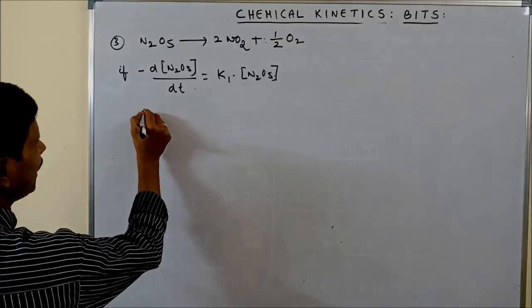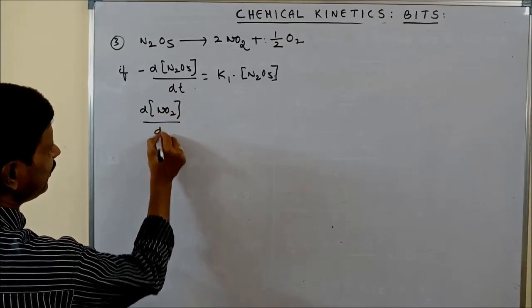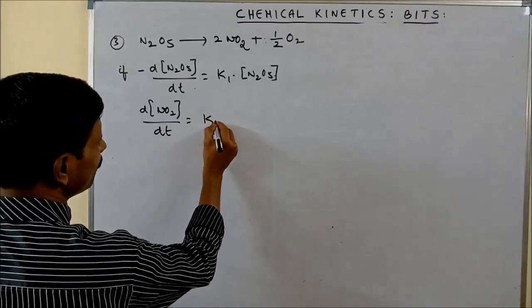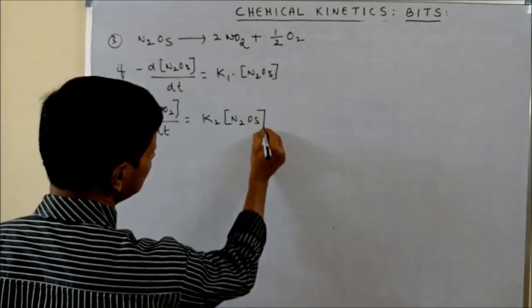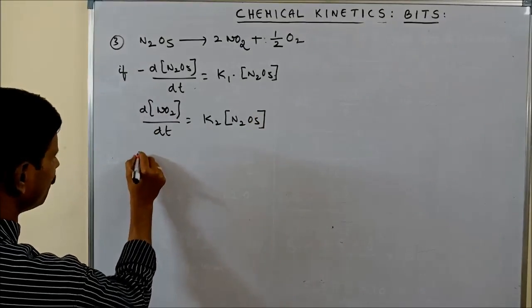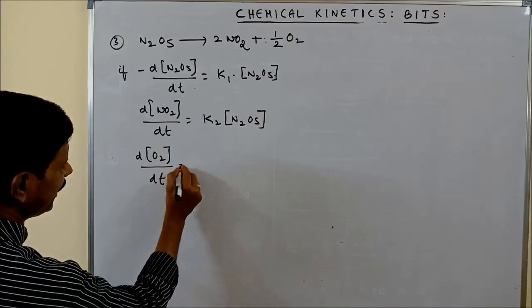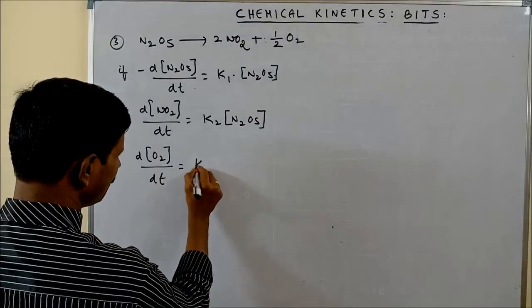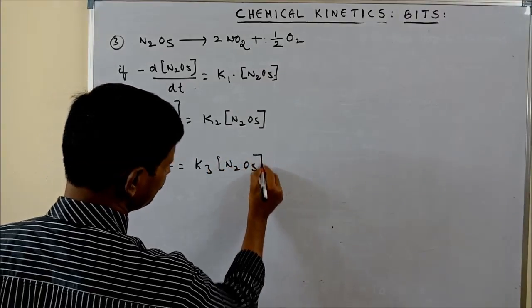Similarly, d[NO2] by dt is equal to K2 into [N2O5], and d[O2] by dt is equal to K3 into [N2O5].